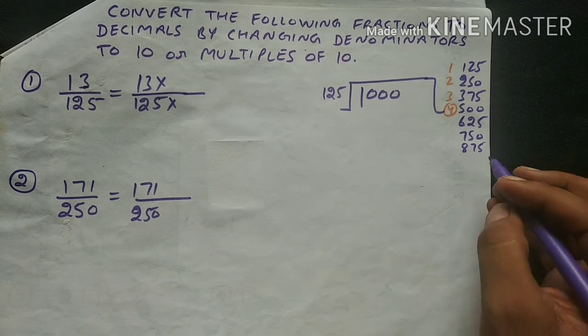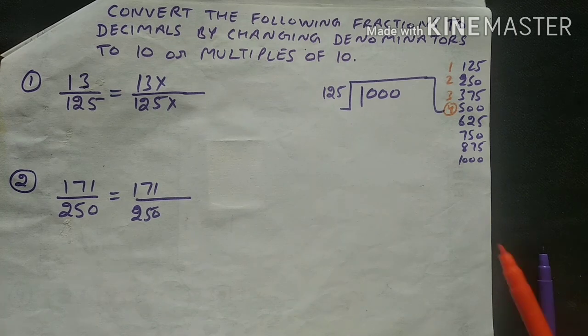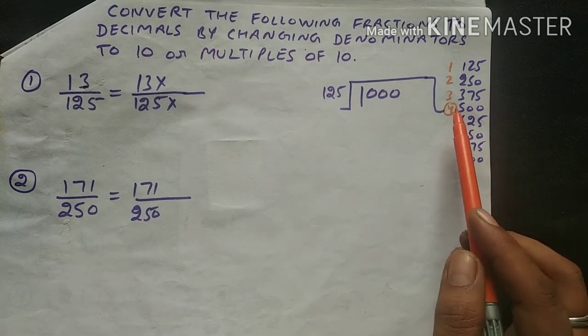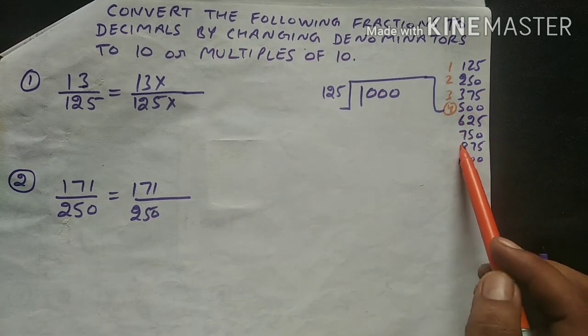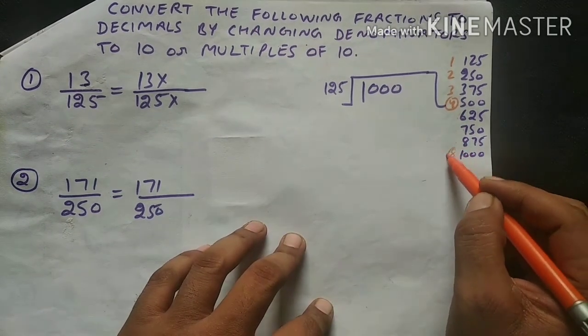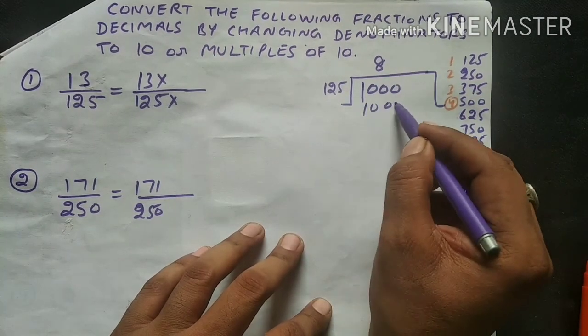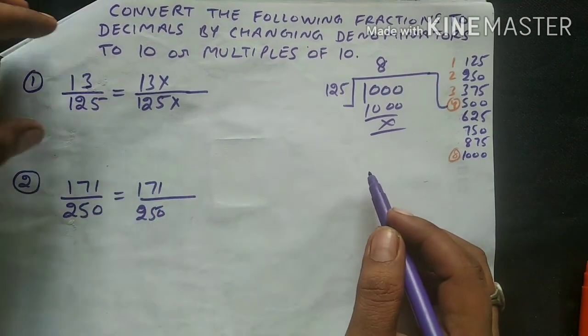After that 1000. Okay, so you can see at which place we got 1000. 1, 2, 3, 4, then 5, 6, 7, 8. Okay student, what I have told is true. So you will multiply by 8, then get 1000, and it is exactly divisible.